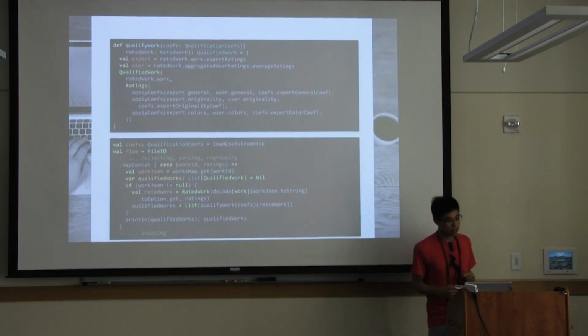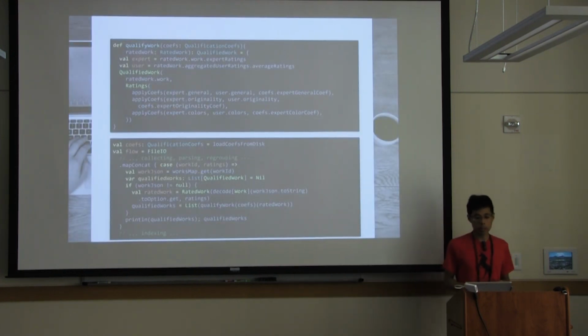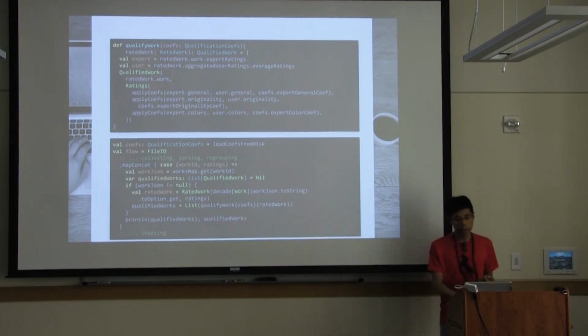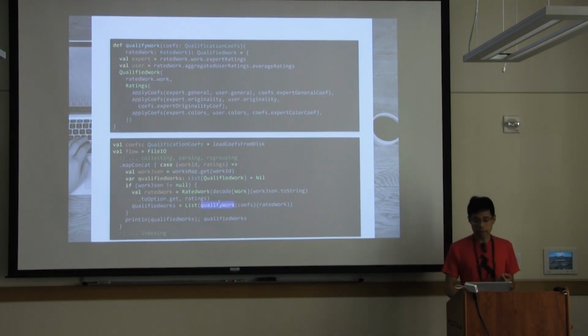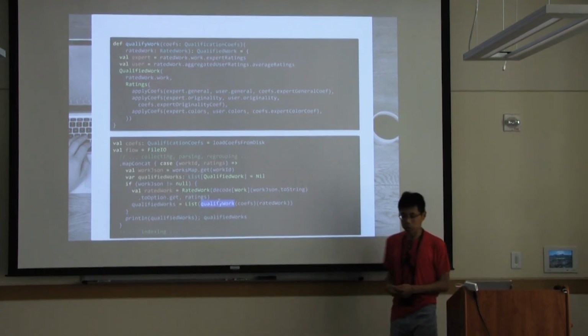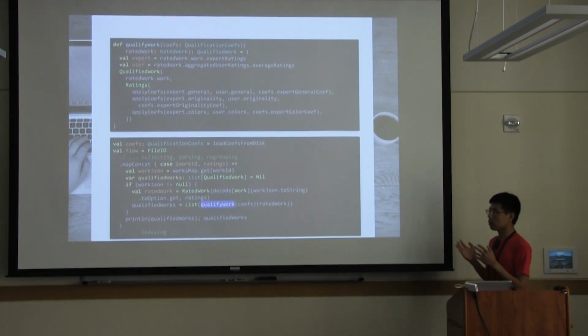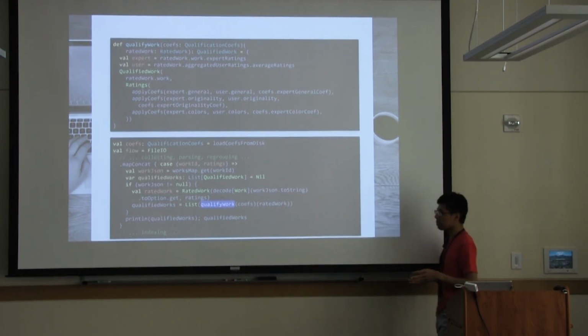Fortunately for us, the qualification process just takes place once. So it's rather easy. We just have to replace the old code with the code to our new functions. And then we are done with migrating the qualification process.